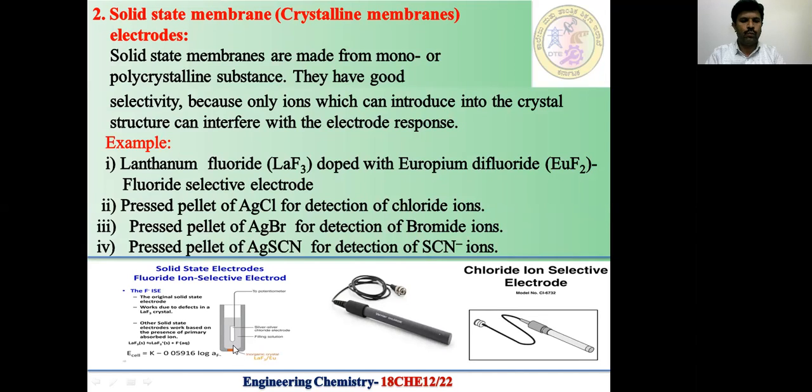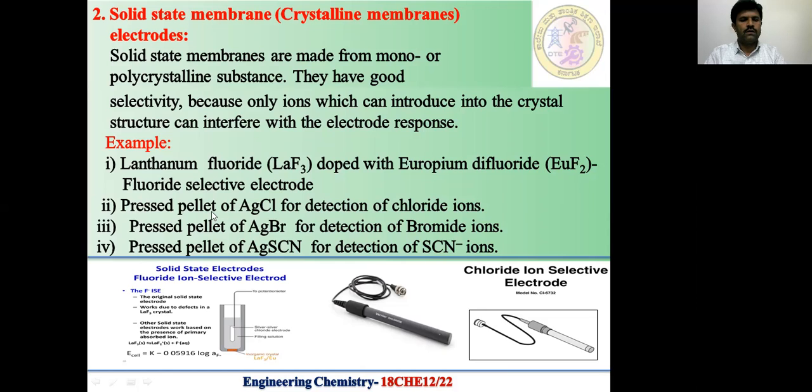They have very good selectivity because only ions which can introduce into the crystal structure can interfere with the electrode response. Example, lanthanum fluoride solid state or crystalline membrane electrode can be used for the detection of fluoride ions. Hence, it is fluoride selective electrode.